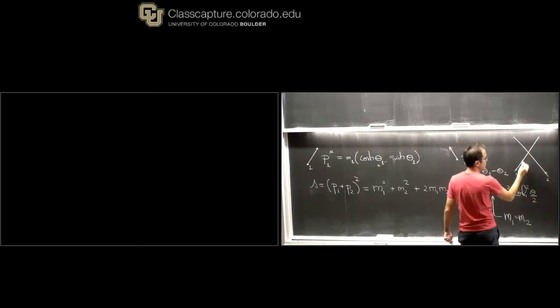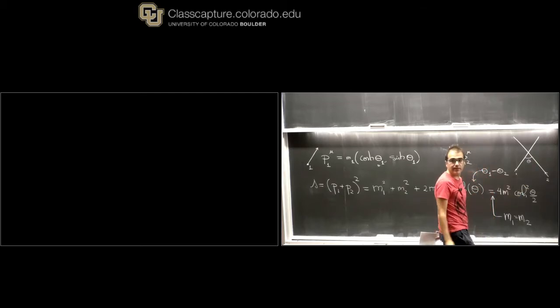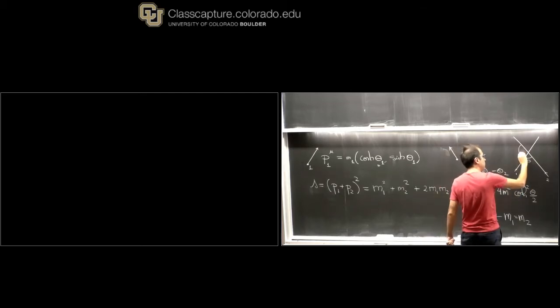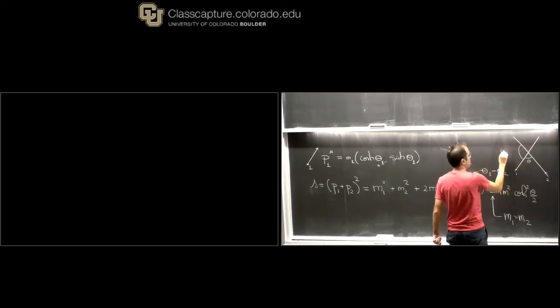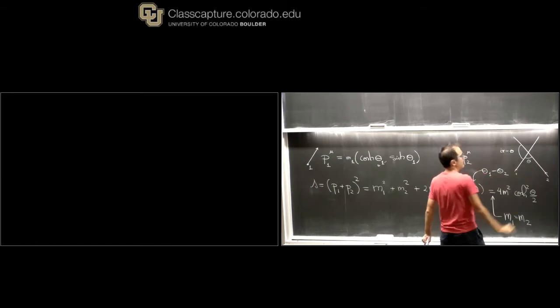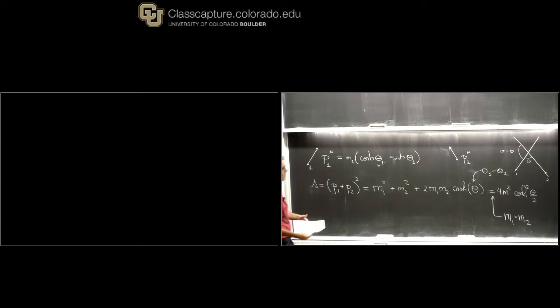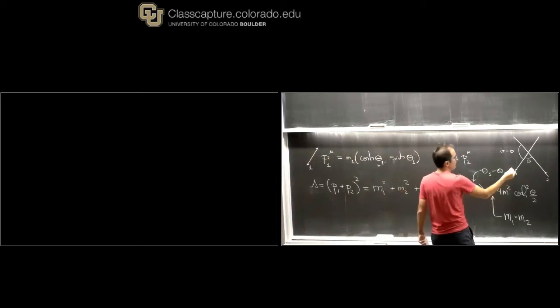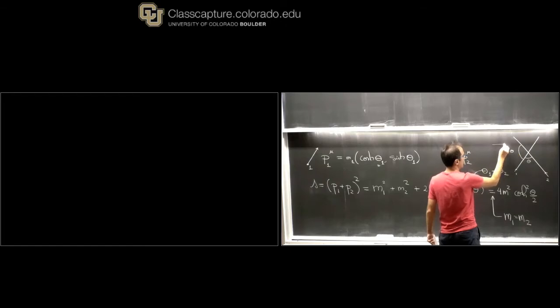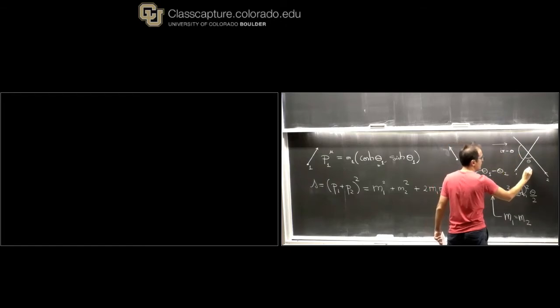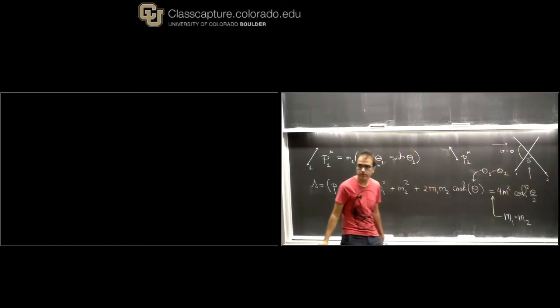If associated to the center of mass there is some angle θ, then here it looks like the complement, iπ minus θ. So that's how we see that this angle would be the crossing of that one over there. So doing θ to iπ minus θ amounts to crossing symmetry, looking at the process from this direction instead of this direction.